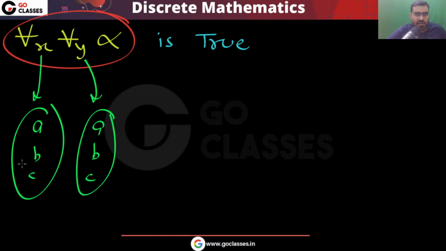Now we are saying that for every value of x, you take every value of y, and that alpha must be true. So whatever combination you take, this alpha of x comma y must be true. So this is what I'm saying.